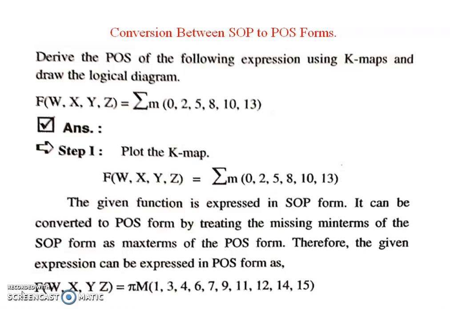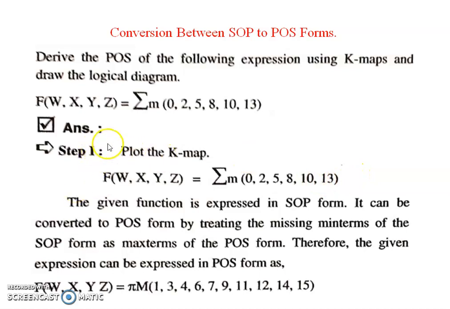It means that the given expression can be expressed in product of sum form. In your example, you have to find the missing terms. So the missing terms are 1, 3, 4, 6, 7, then 9, then 11, 12, 14 and 15.